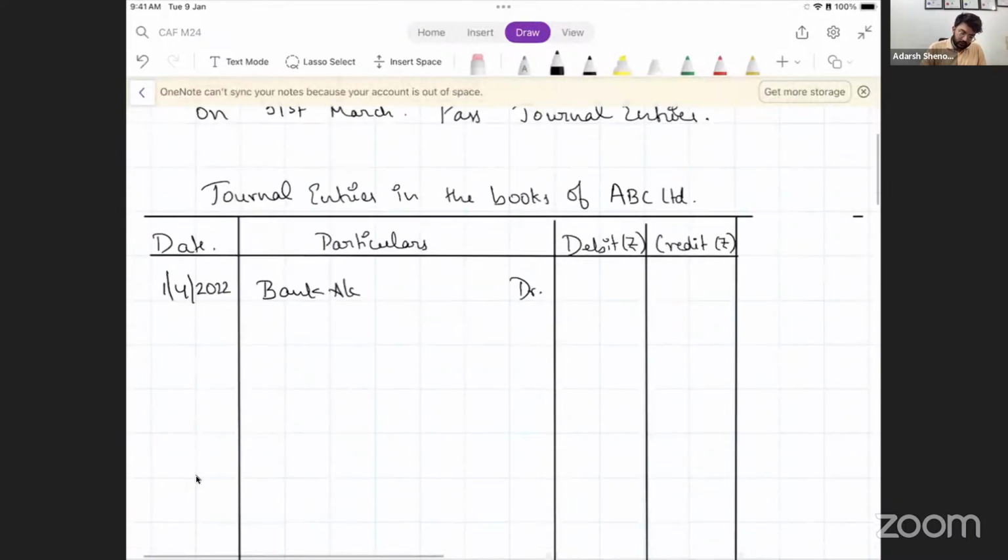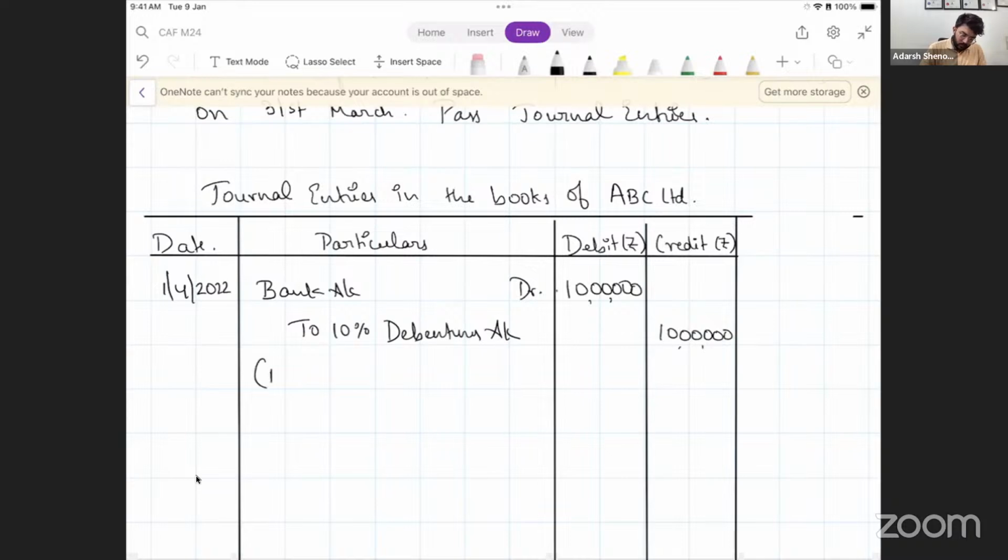So 100 into 10,000, 10 lakhs. Being 10,000 debentures issued at par.